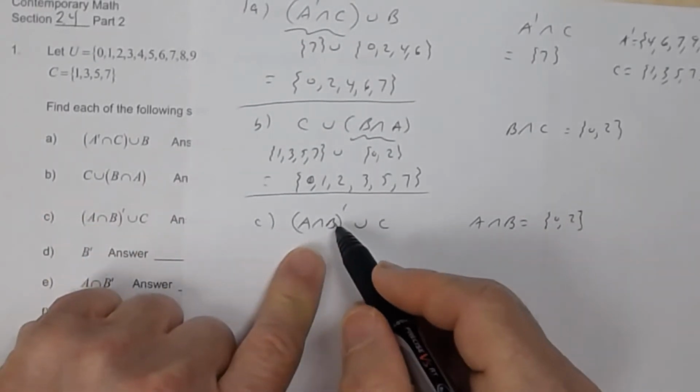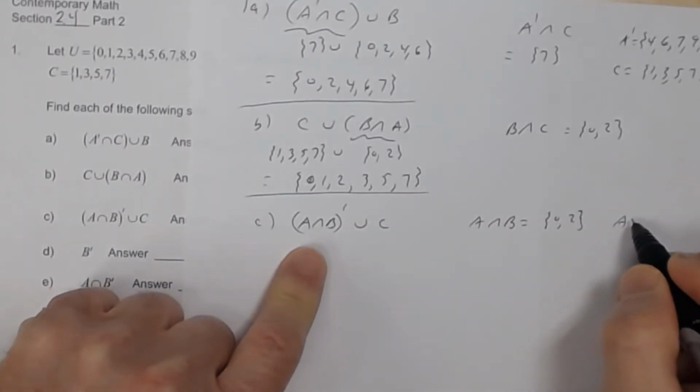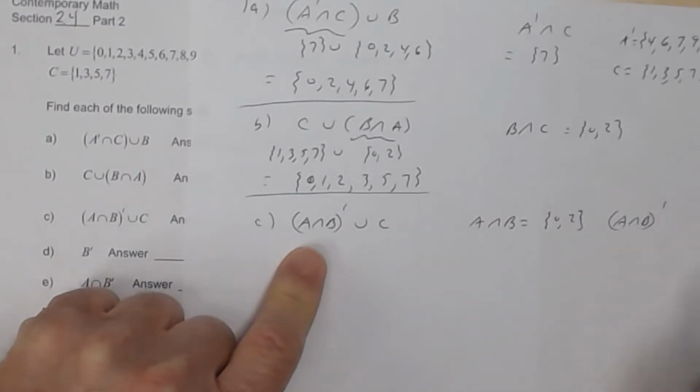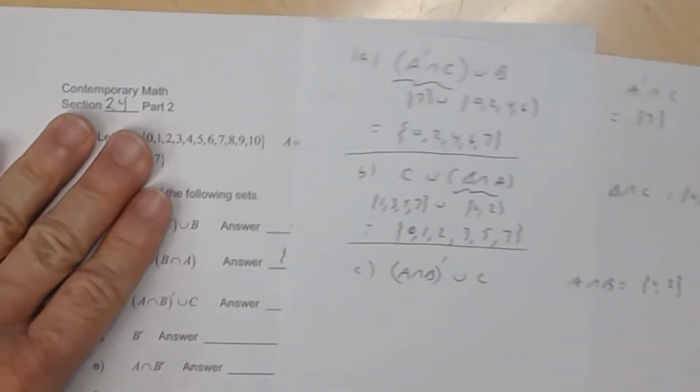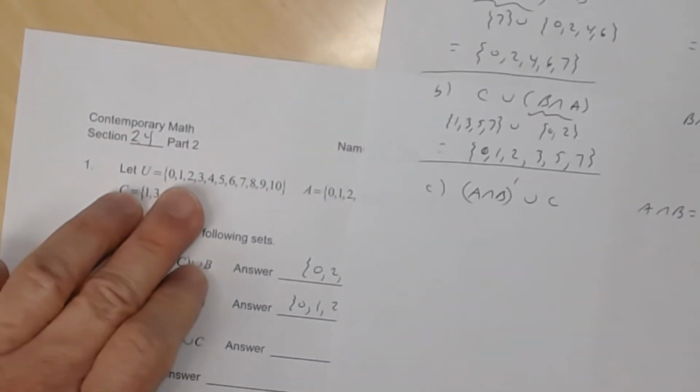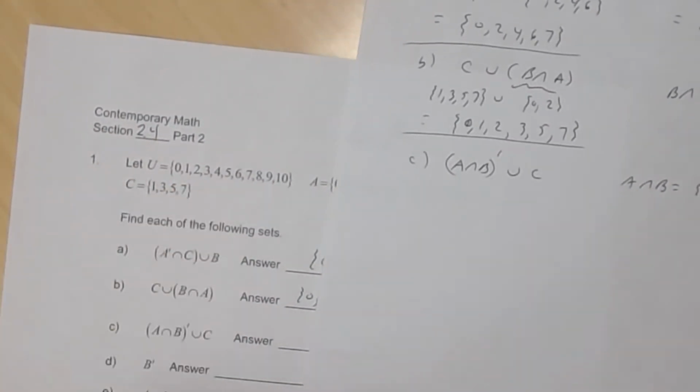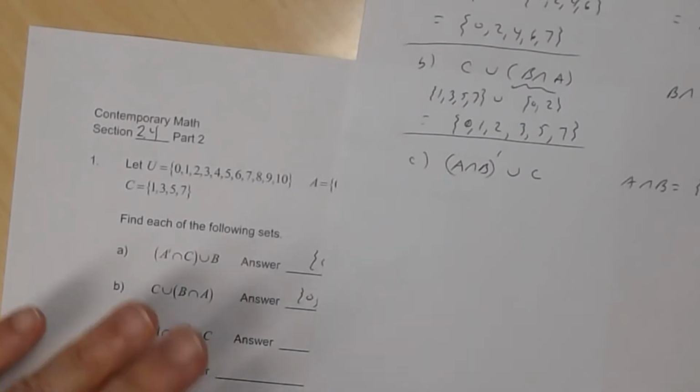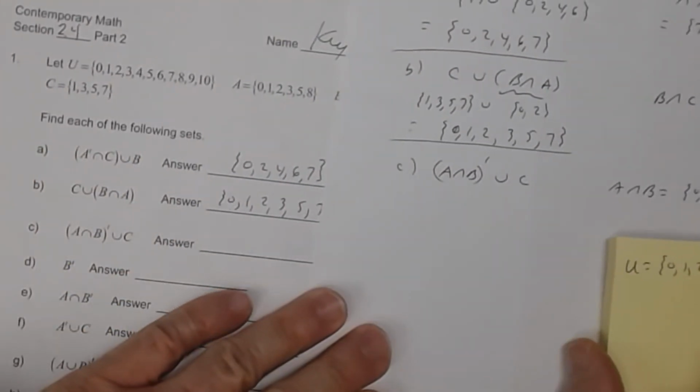Now we need to find A intersect B complement. So A intersect B complement would be everything that's in the universal set. So let me go ahead and list the universal set here. Okay, so here's the universal set right here.